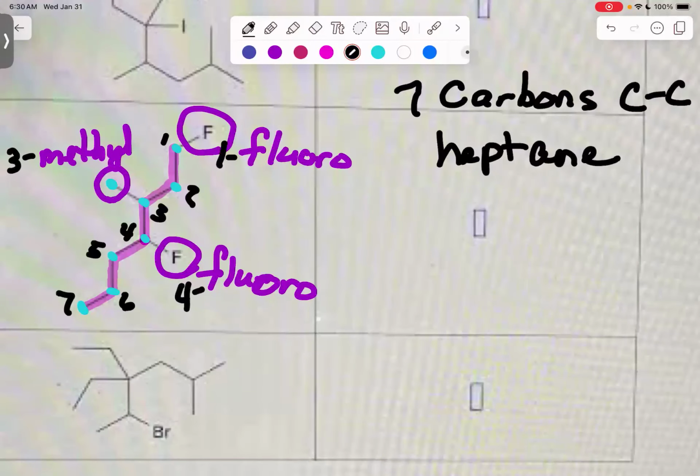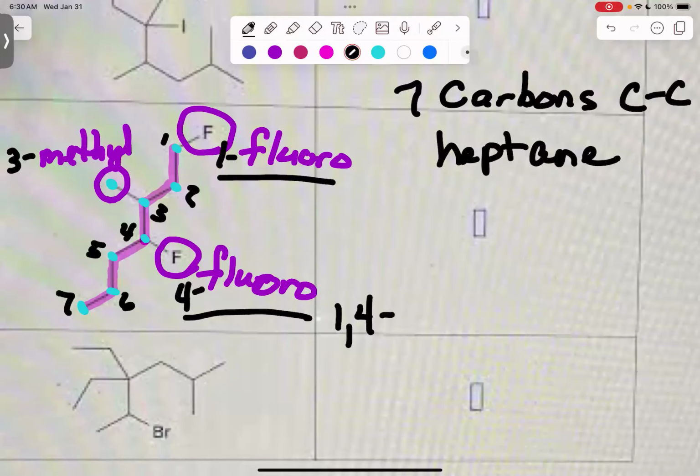So now all I have to do is take all the pieces and put them together. I'm going to start with my halogens, then do my methyl, ethyl, all those alkyl groups. So I have 2 fluoro groups. I have to put them together, and I say 1,4 dash, and because I have 2 of them, I'm going to say difluoro.